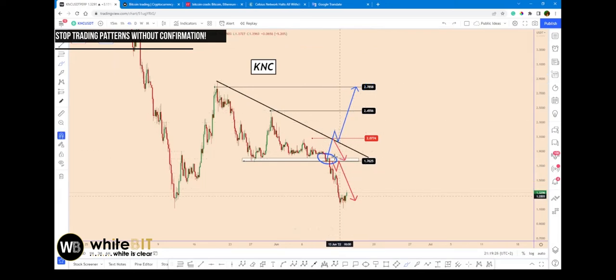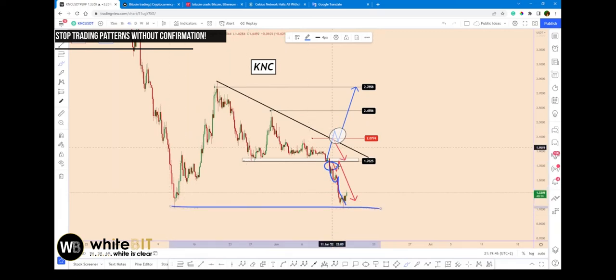So for the bullish scenario, this was the breakout point, and after that the price should have continued higher. On the opposite scenario, if the price was going to break below, the chances were very high that it could have gone lower. And as we can see, price came lower.